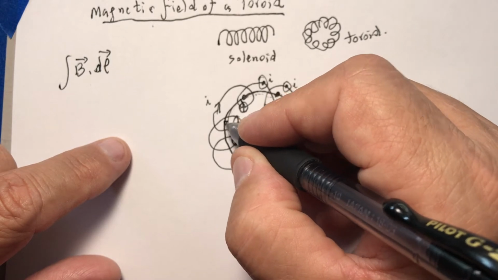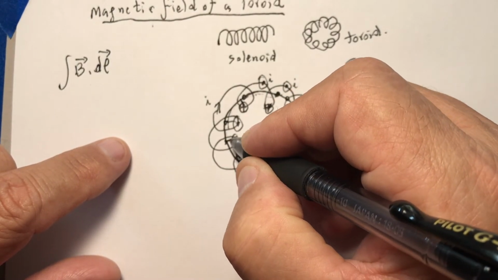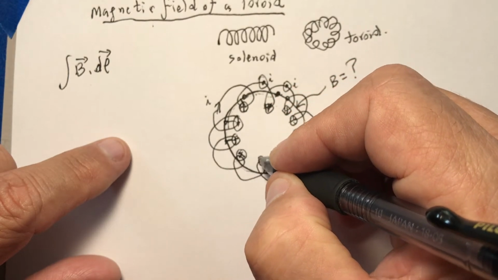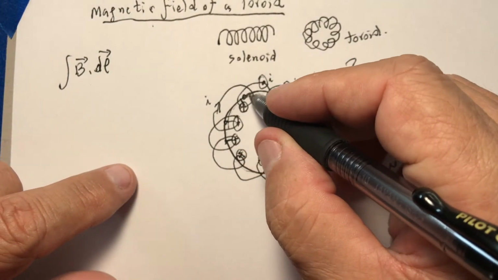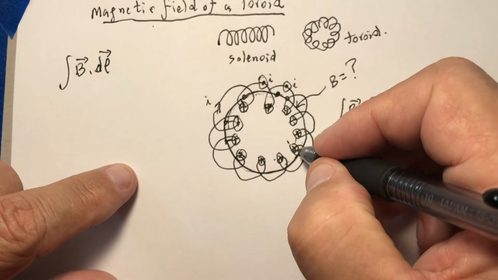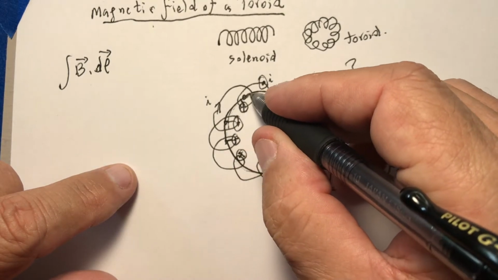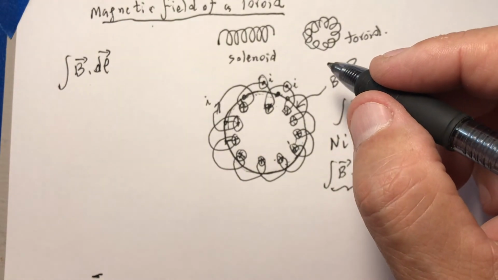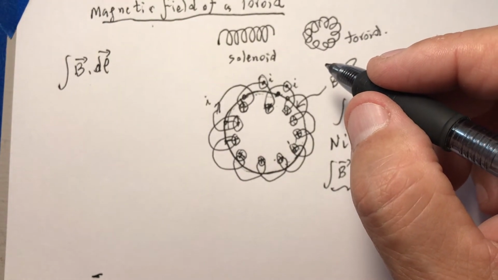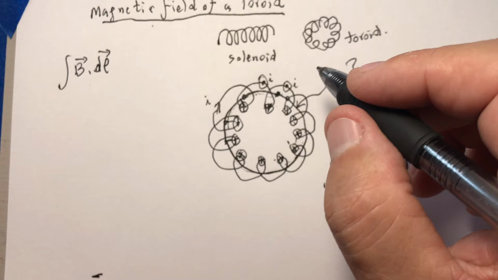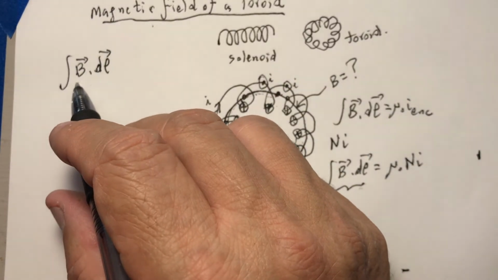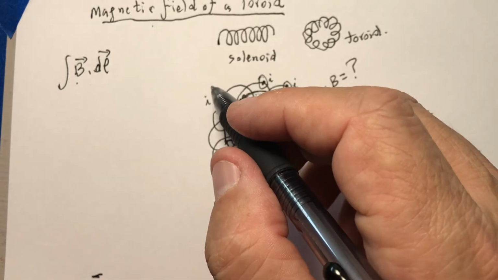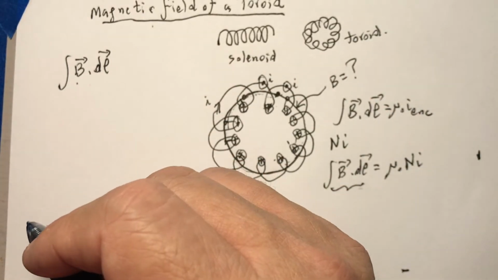Same distance. The current is the same. So the B field is constant throughout that loop. So the B field is constant, we can get it out of the integral.